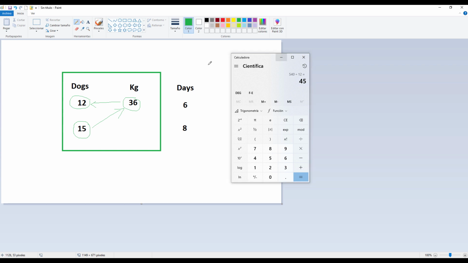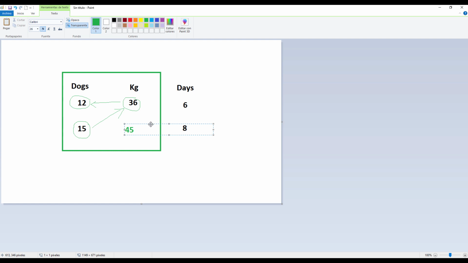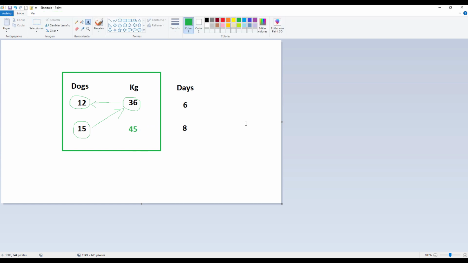This is a result here. This is not the total or the final result. It's an intermediate result.